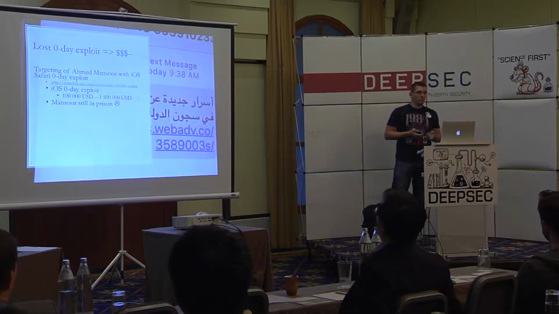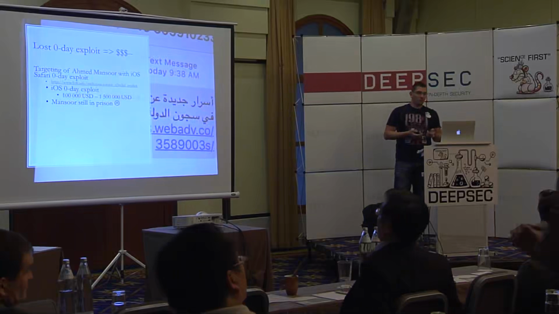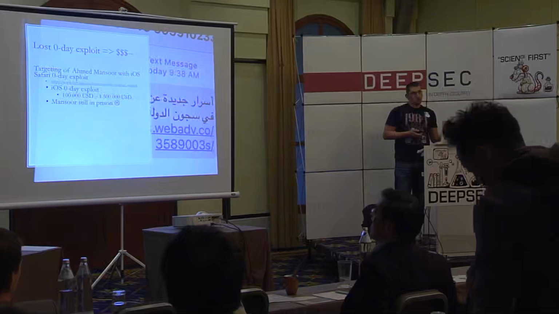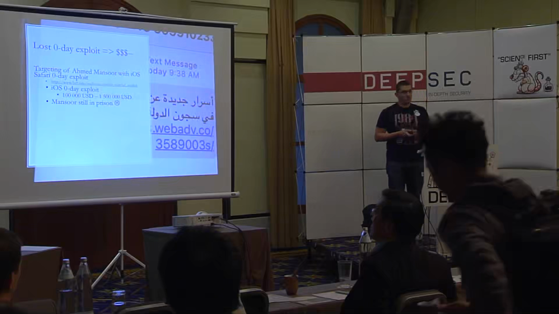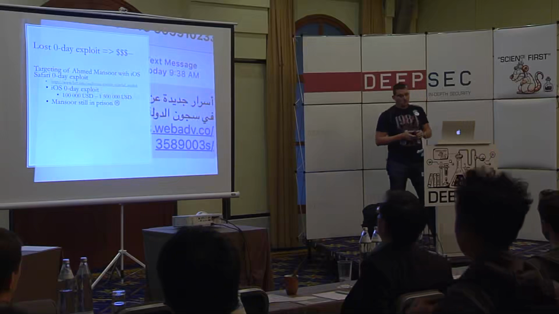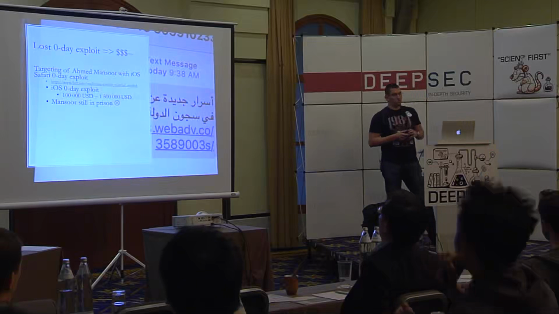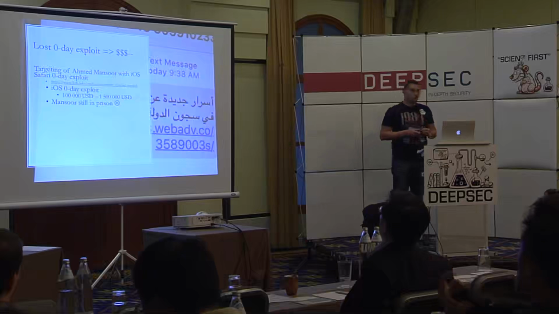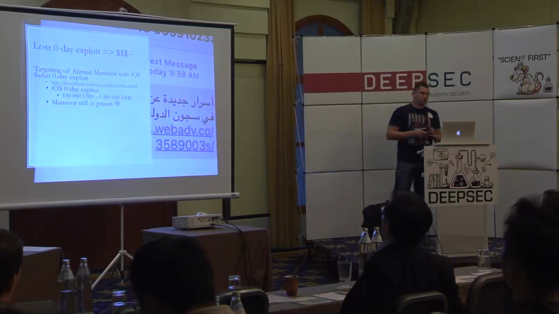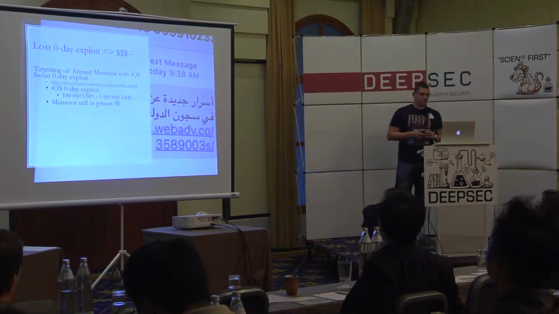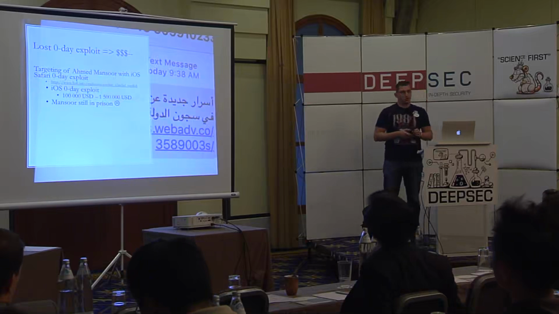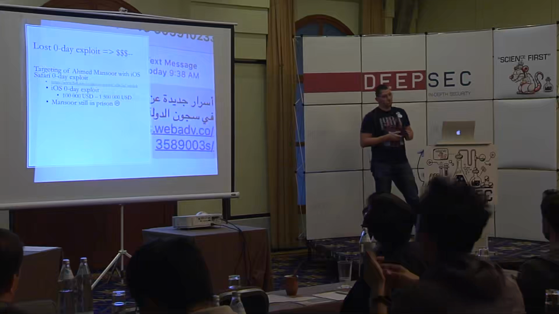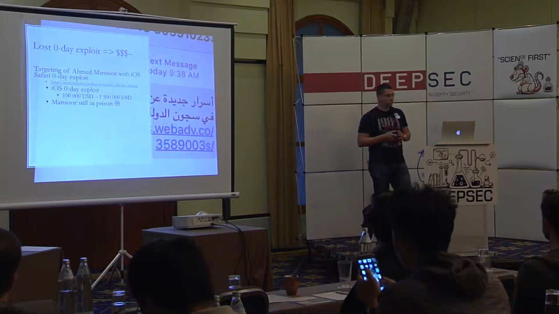They set up an analysis environment, clicked on the link, grabbed the whole network traffic, and identified that there was an iOS 0-day in the network, so they sent the PCAP files to Apple, and basically this 0-day was discovered, and the iPhone was patched. By the time this happened, one iOS 0-day like this cost like 100,000 US dollars, or maybe 1.5 million US dollars, depending on who you ask.